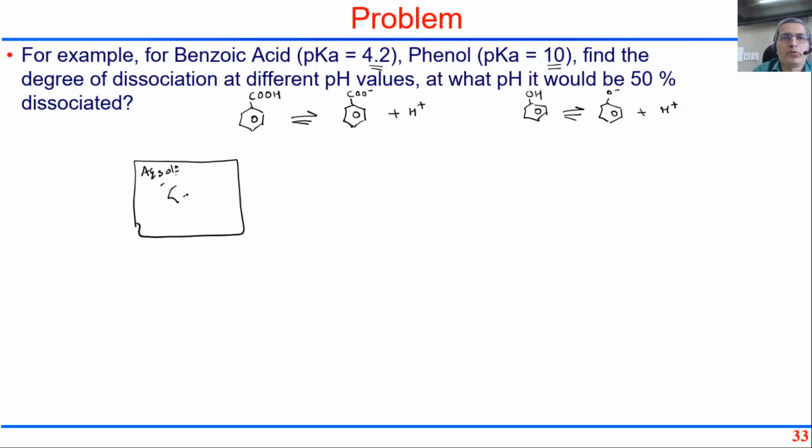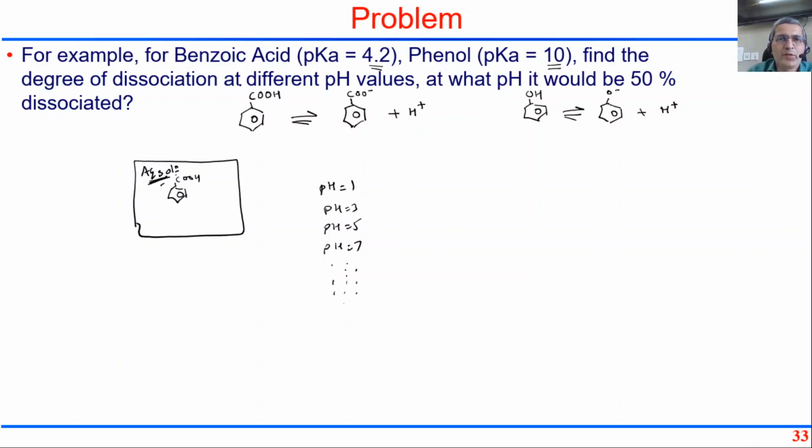I have an aqueous solution of benzoic acid and I maintain different pH of this solution. I can maintain the pH by adding, let's say, HCl or H2SO4 or HNO3. I can get whatever pH I want. Suppose I get pH equal to 1 or 3 or 5 or 7 or whatever I want. I can adjust the pH to any value I want.